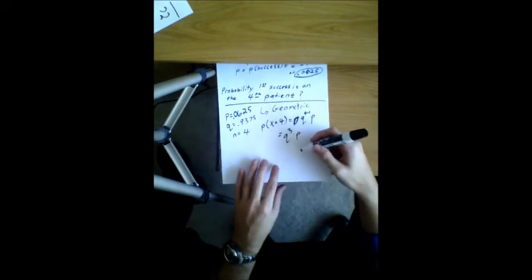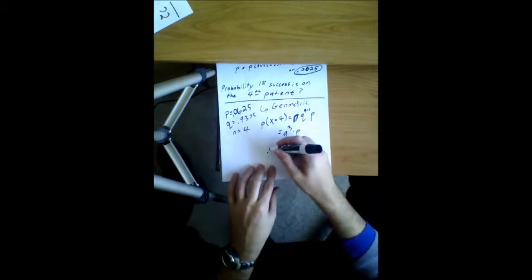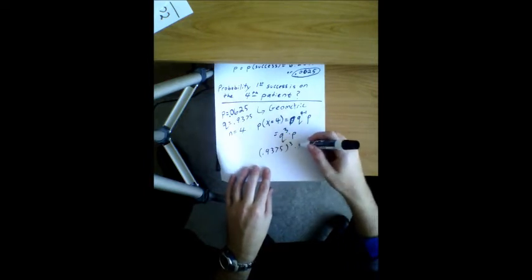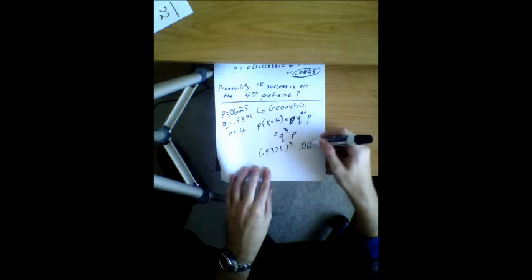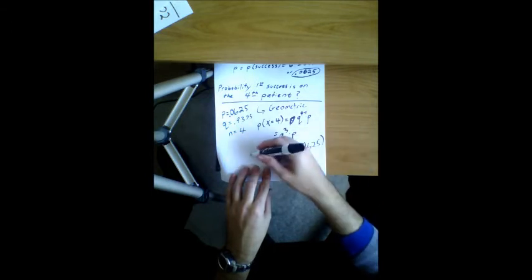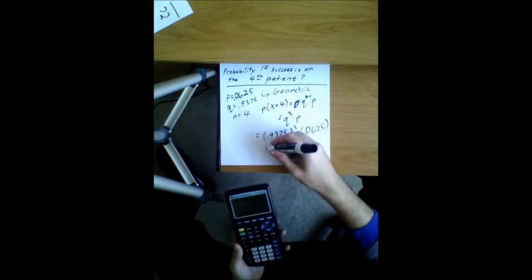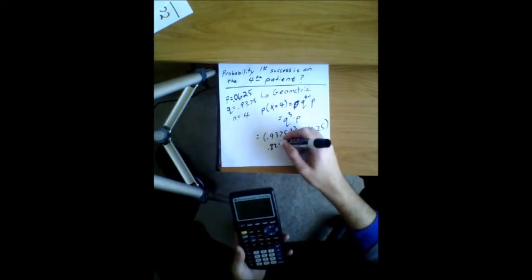We just have to go ahead and plug everything in. So the Q is 0.9375. We want to cube that, and then multiply it by 0.0625. And this will be the probability that we're looking for. The 4th patient is the first success. When we cube 0.9375, which means multiply by itself 3 times, we'll get 0.824.